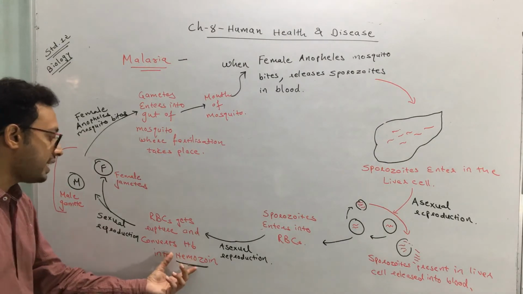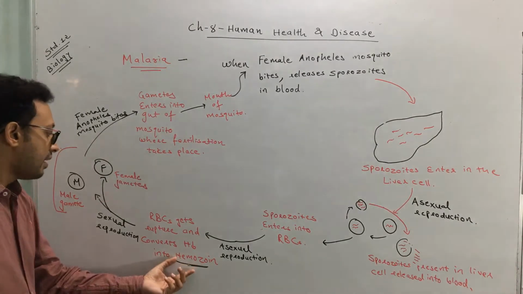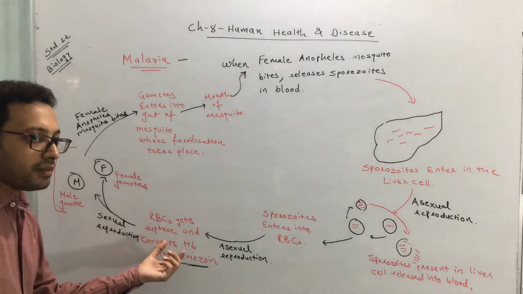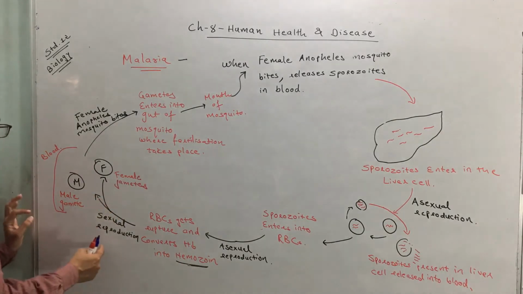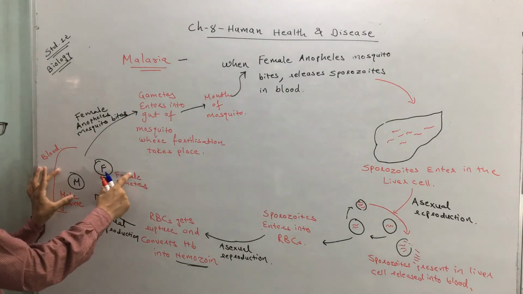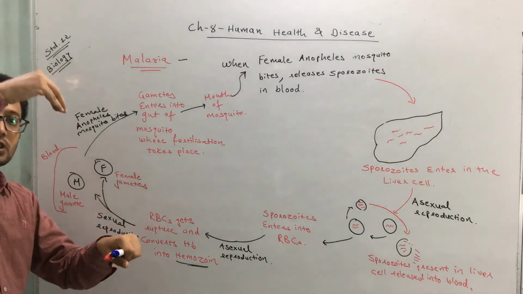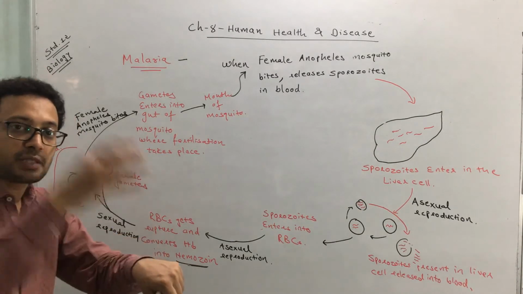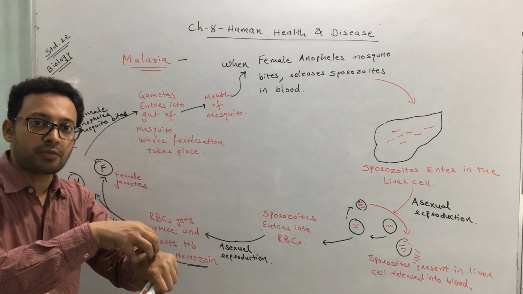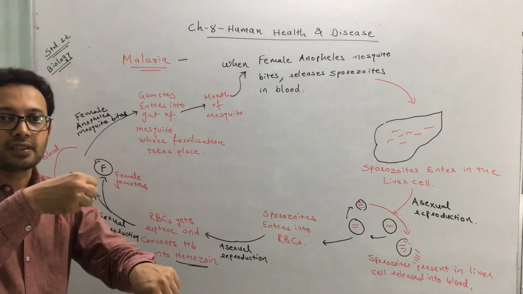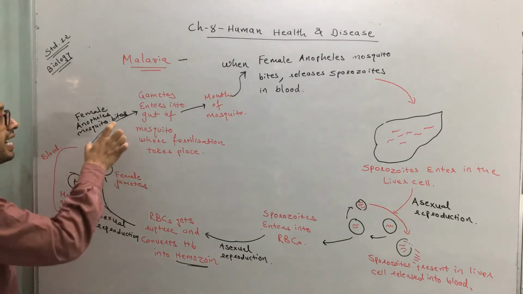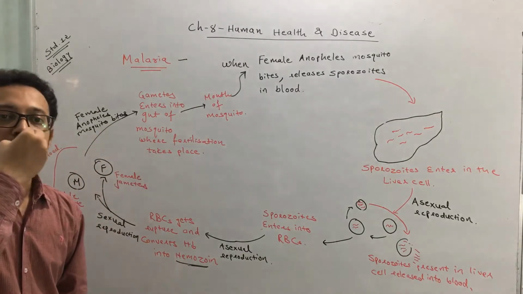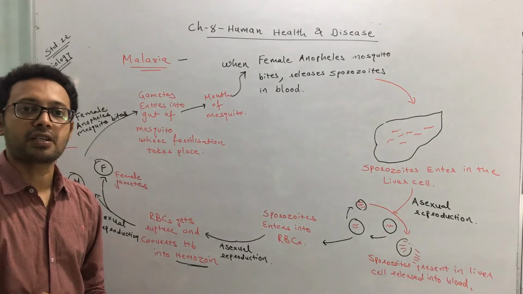This is one of the signs and symptoms of malaria. Now, these sporozoids which are released undergo sexual reproduction and form two gametes, male and female gamete. When another mosquito sits on my body, it sucks my blood, but now my blood has the male and female gametes. So the gametes enter into the mouth of the mosquito and ultimately go into the stomach of the mosquito.